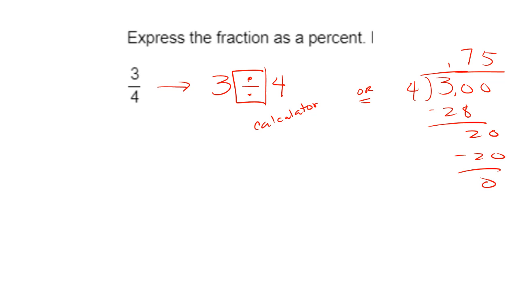So I get 0.75. If you put it in a calculator, you normally type in 3, divided by key, 4, and then the equals key. That will also give you 0.75.